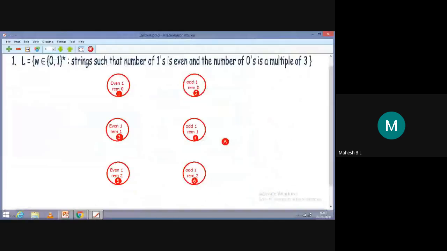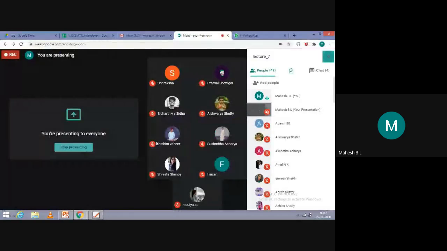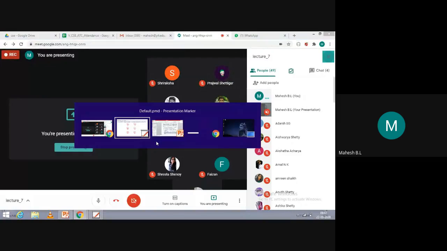So state 3 is the accepting state. Why is state 3 the accepting state? What is the logic? Yes, Anvit, why is state 3 the accepting state?